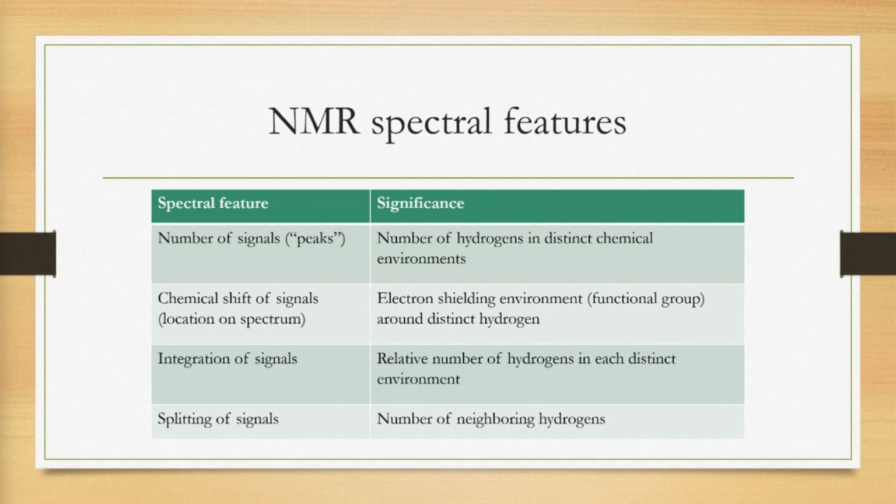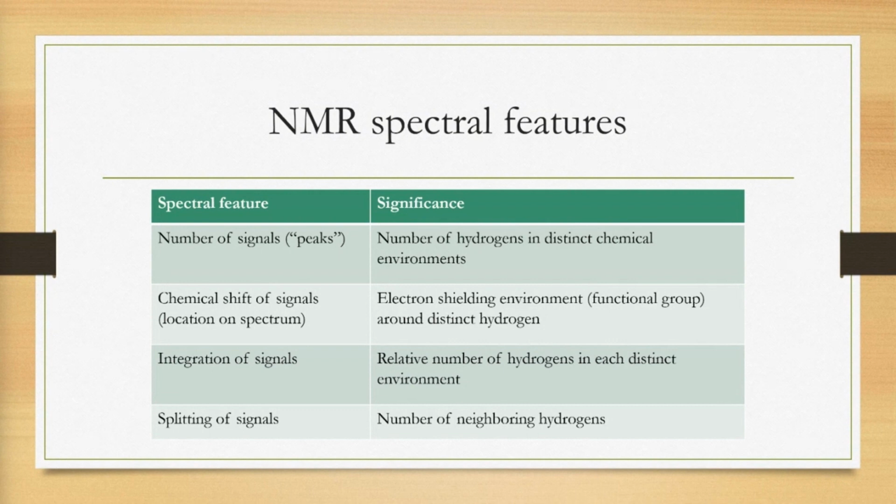Next is the integration of signals. So I mentioned this on the last slide. This is the relative number of hydrogens that correspond to each peak. So the relative number of hydrogens in each distinct environment. And then last is the splitting of signals, and that tells you the number of neighboring hydrogens.